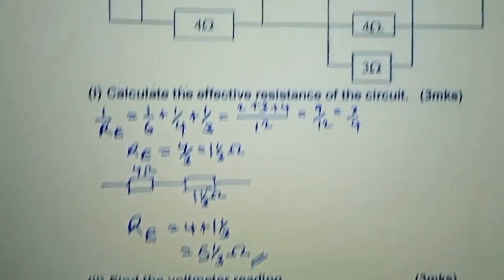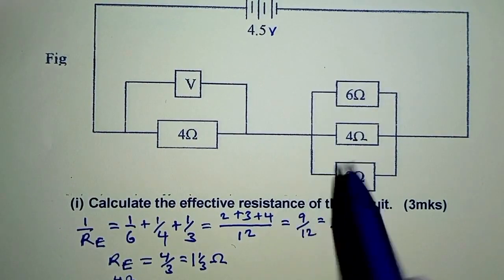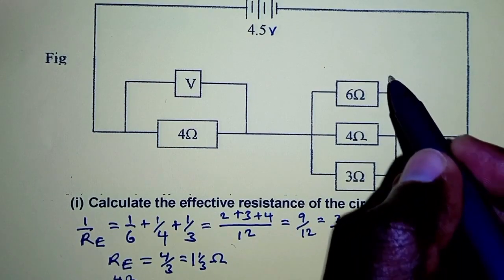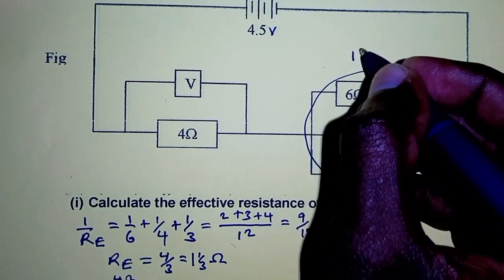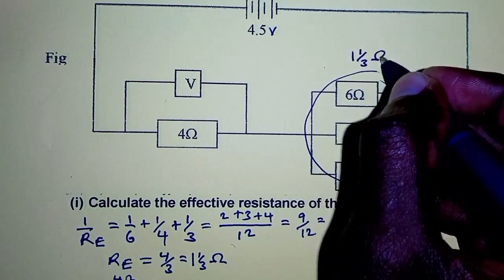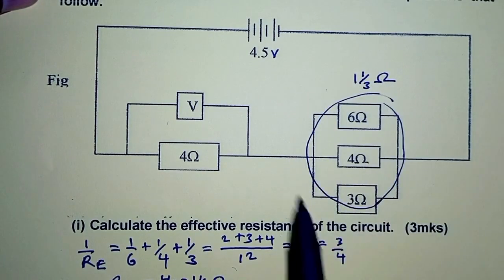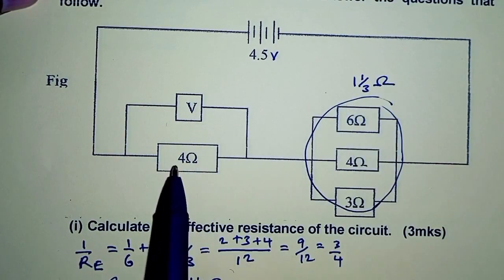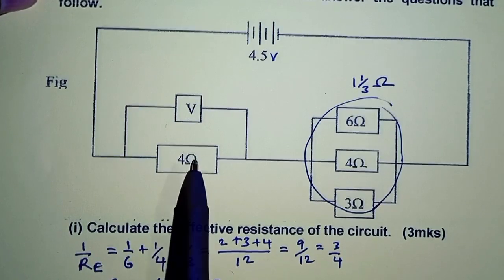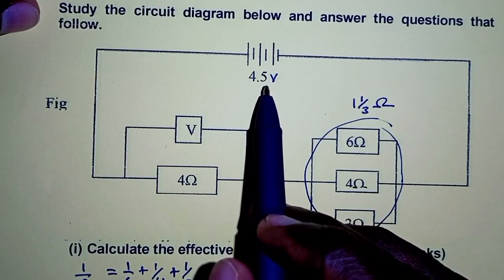Now one thing, for this system, if we combine these resistors here and get the resistance as 1 and a third ohms, the voltage across this 1 and a third ohm resistor plus the voltage across the 4 ohm resistor should give us the total voltage, which is 4.5 volts.